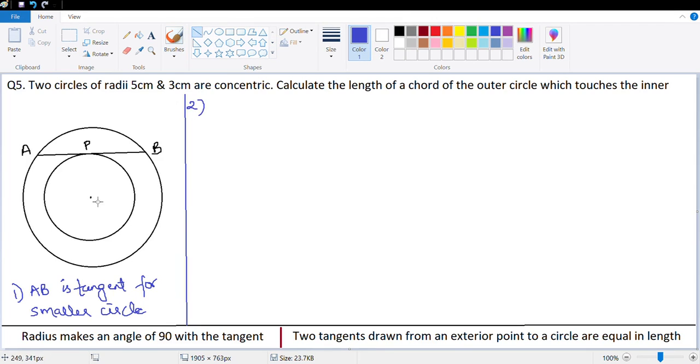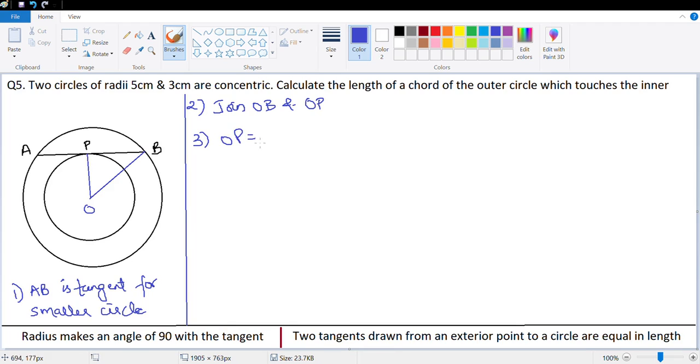So let's join OP and let's join OB, and O is the center of the circle. So join OB and OP. Do we know the length of OP?